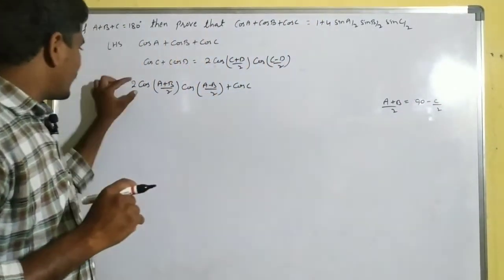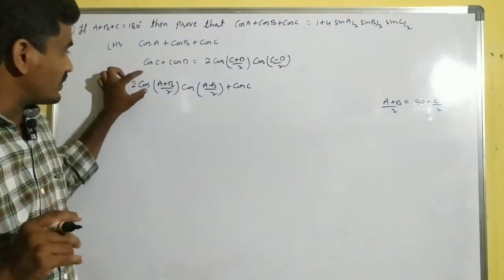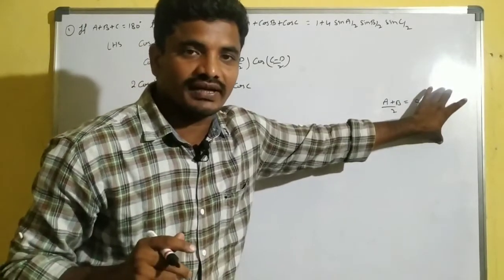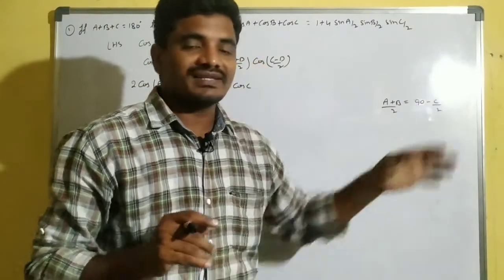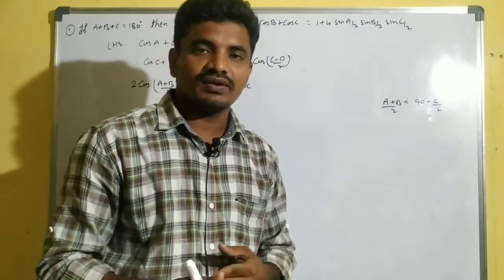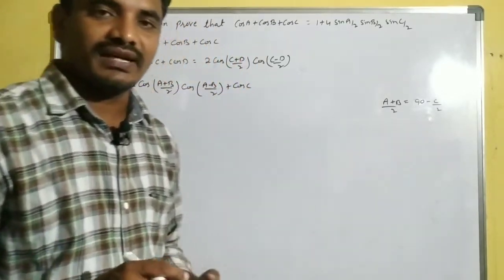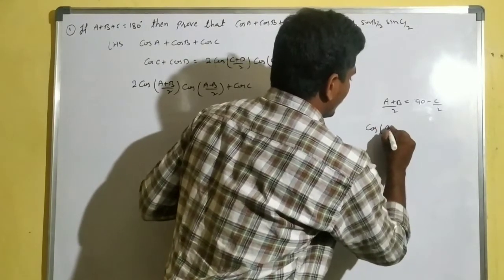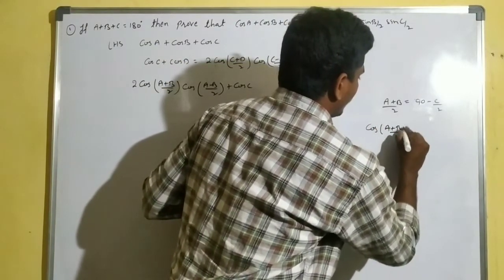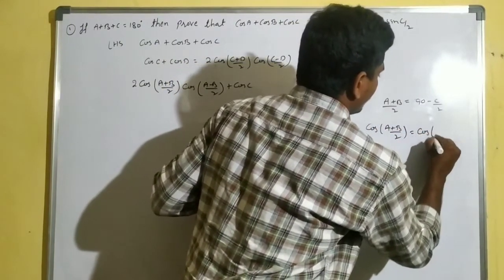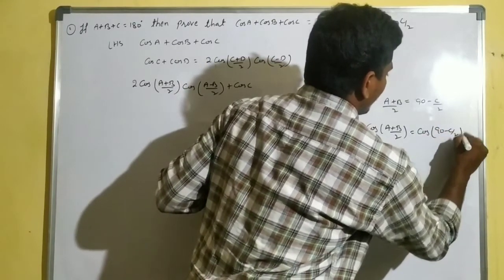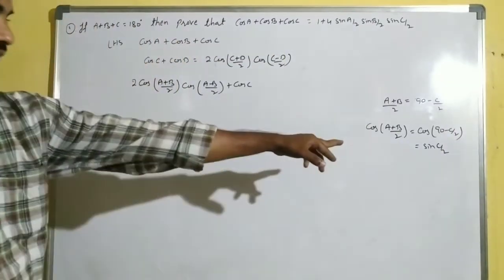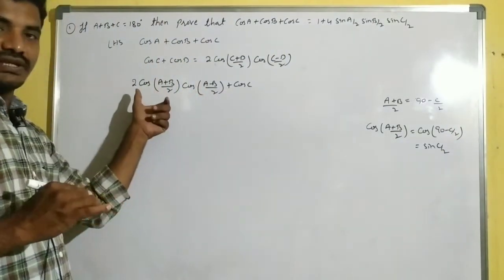When I apply cos on both sides, we get cos 90 minus theta. We know cos 90 minus theta is sin theta. So cos of a plus b by 2 equals cos of 90 minus c by 2, which equals sin c by 2. That one I am going to use here.